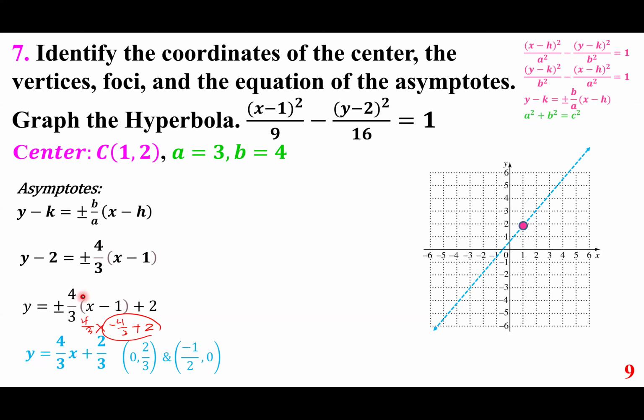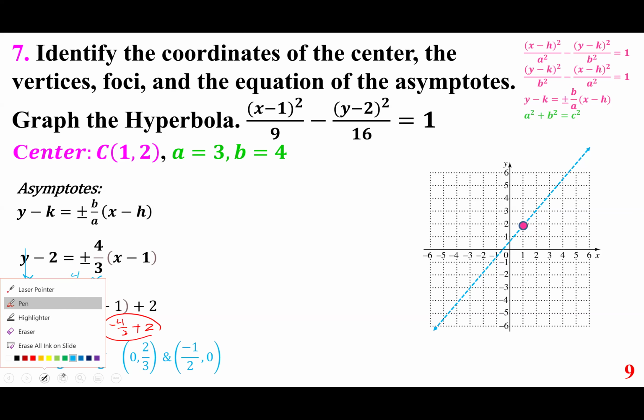Now, if we go with the negative 4/3, I'm going to write at top of it y equals minus 4/3. Let me erase my work.